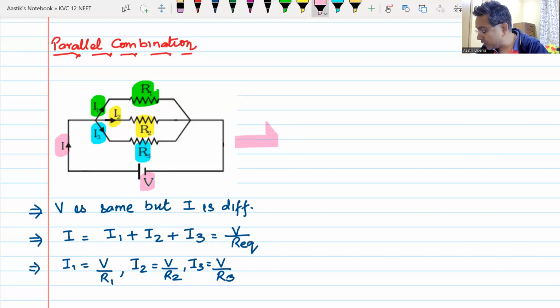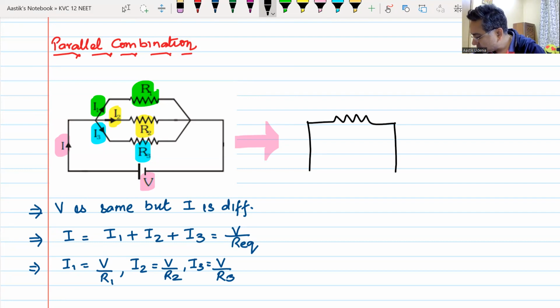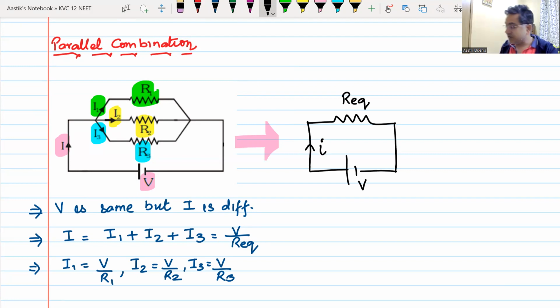So I can replace these 3 resistors by one single resistor. The voltage would be V, the current would be I, and the resistance will be R equivalent.